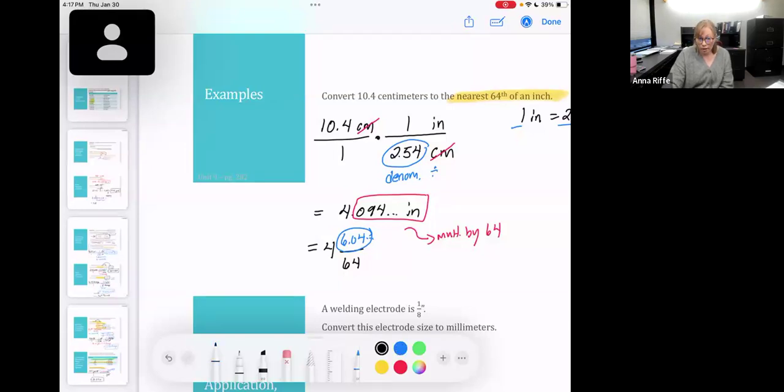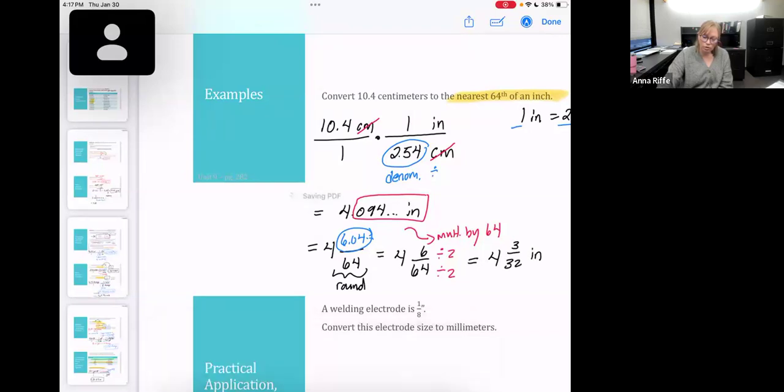At this point, I can round. I want to round the numerator to the nearest whole number, which is 6. So it's 4 and 6 64ths. Last step: I want to divide the top and the bottom of that fraction by 2, giving me 4 and 3/32 of an inch.